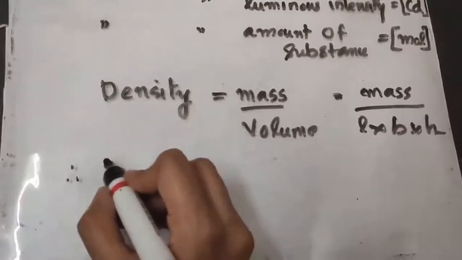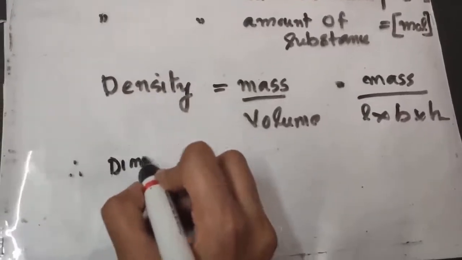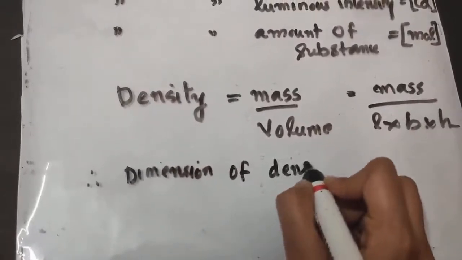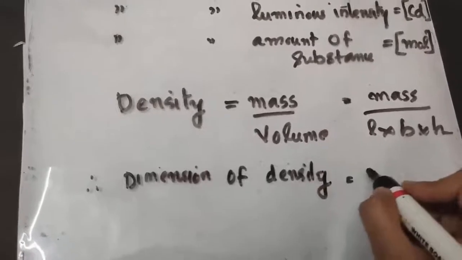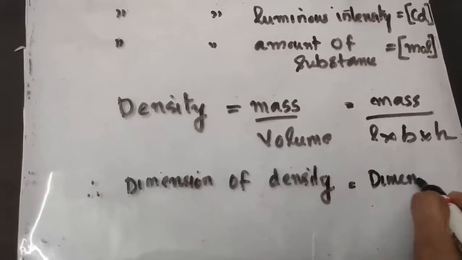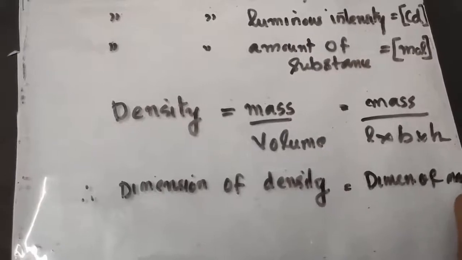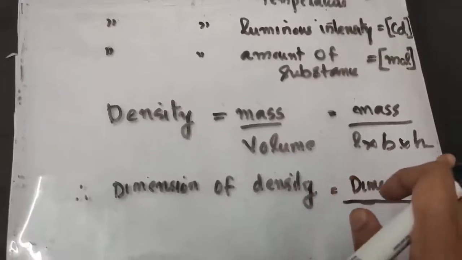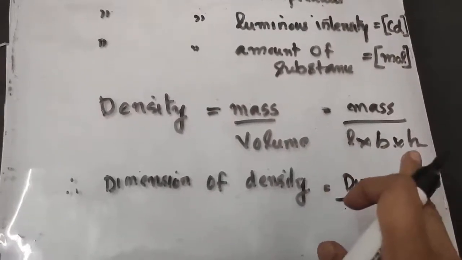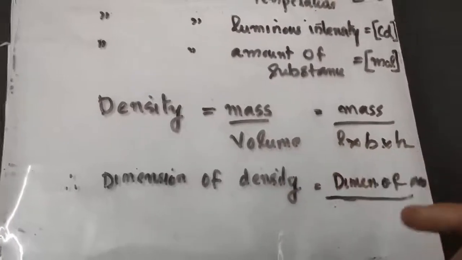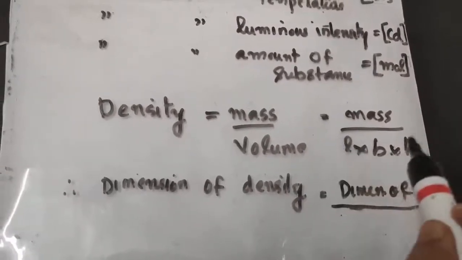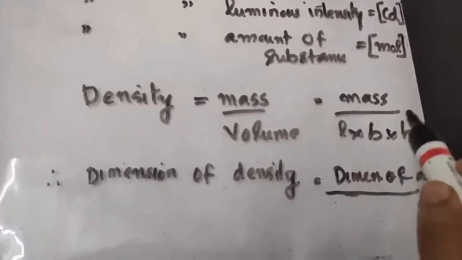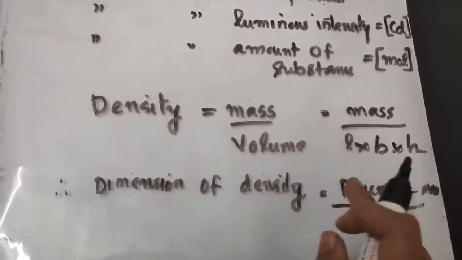Therefore, dimension of density is equal to dimension of mass by dimension of length into dimension of breadth into dimension of height, and we know all these are lengths, so we have three lengths here.